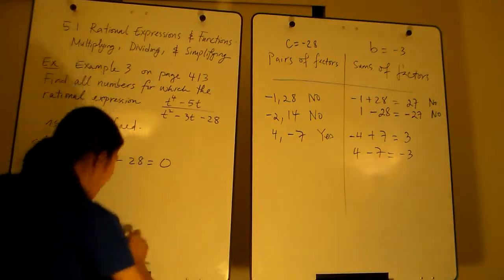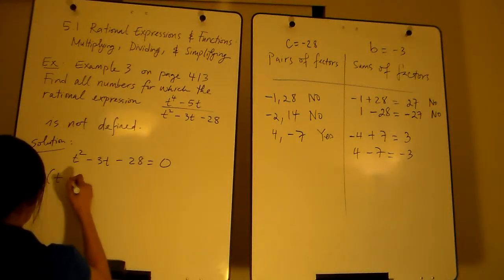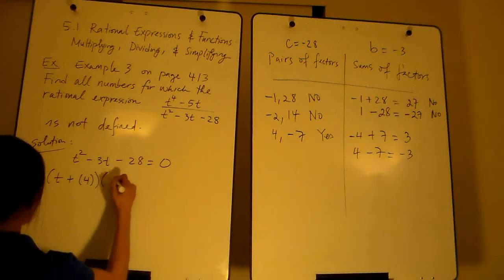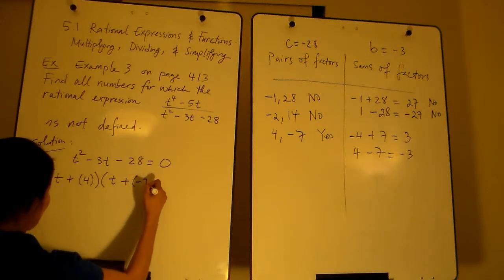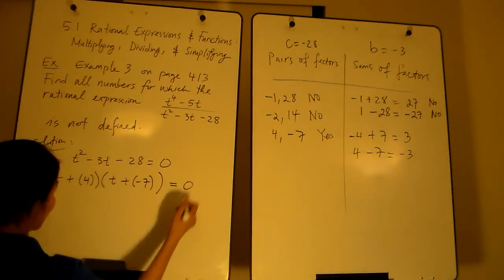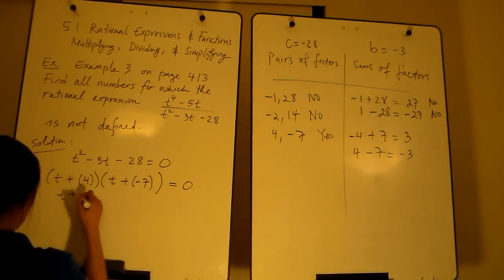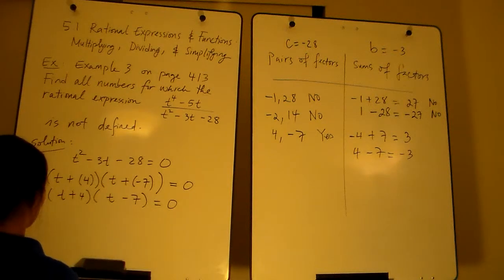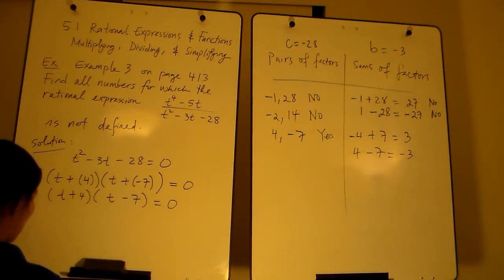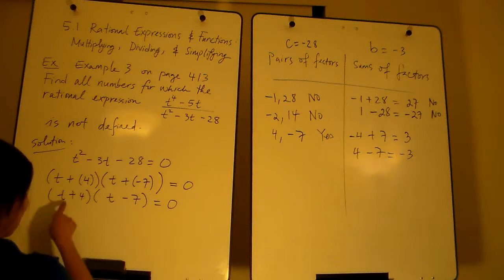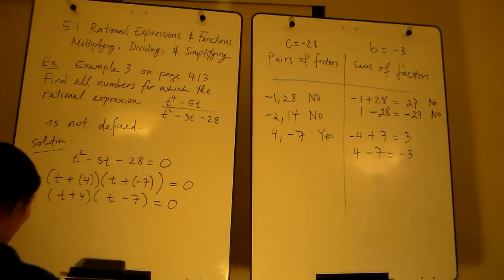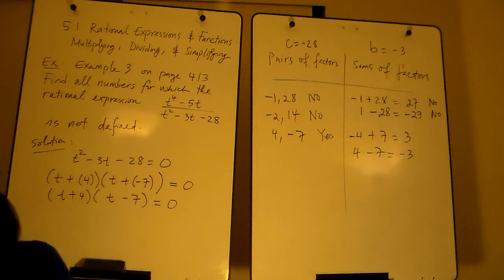Let's replace all that here. So we have t plus 4 times t plus negative 7 equal to 0. Okay, let's solve for this.